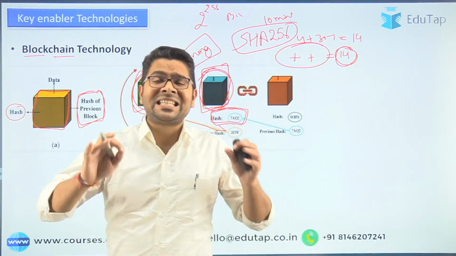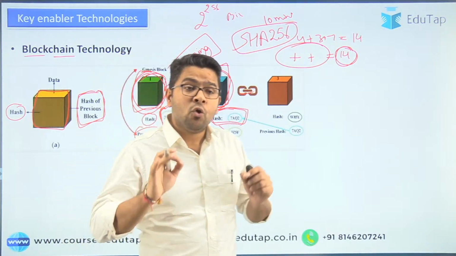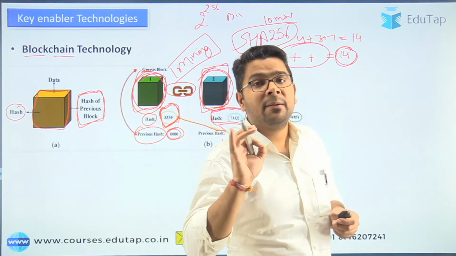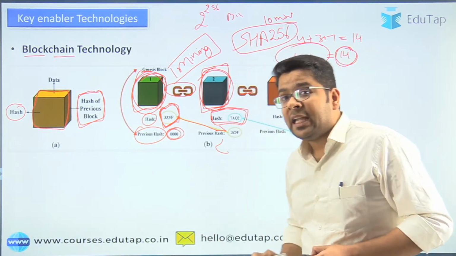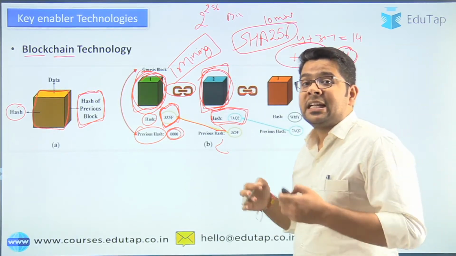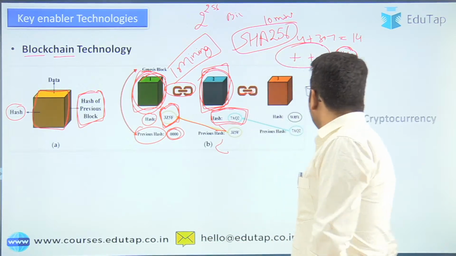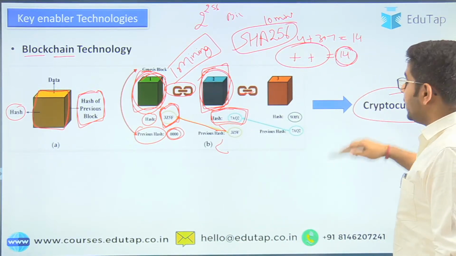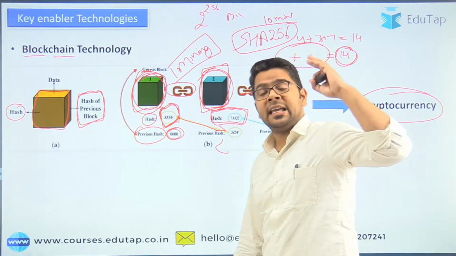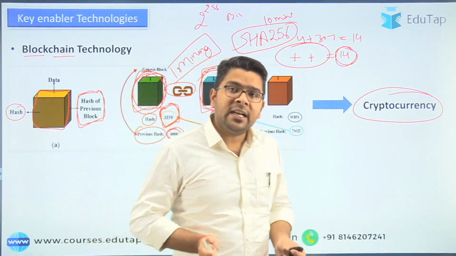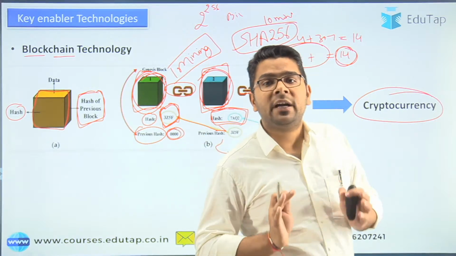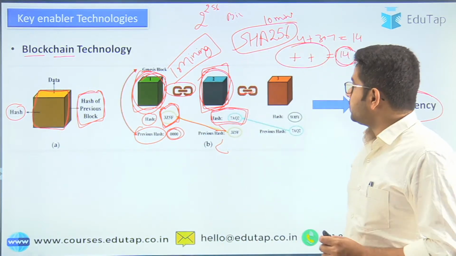Just remember that it is highly encrypted, and the people who generate the block are the miners. Whenever a miner generates a block, he will be rewarded with cryptocurrencies, and in today's world there are different examples like Ethereum and Bitcoins. So when a new block is generated, you will be awarded with the cryptocurrency.